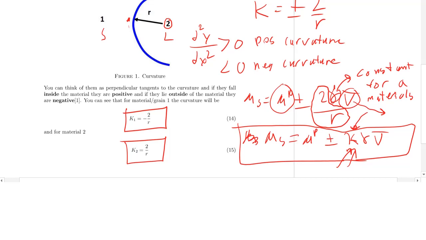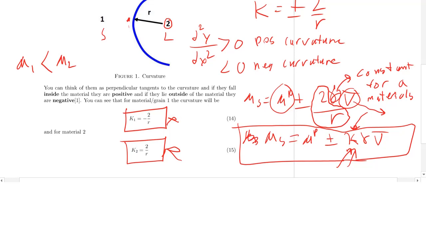If my curvature is negative, which is the case over here, which is higher: the chemical potential of 1 or of 2? The chemical potential of 2 is greater than that of 1, because this term is positive and that one is negative, so it's going to decrease the value here.